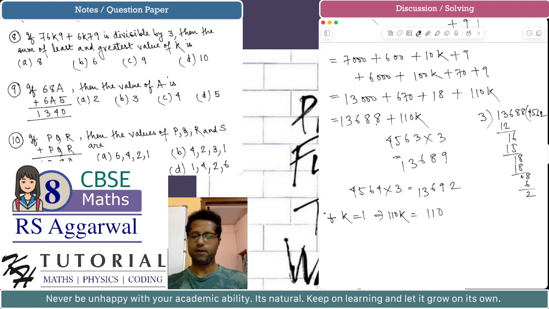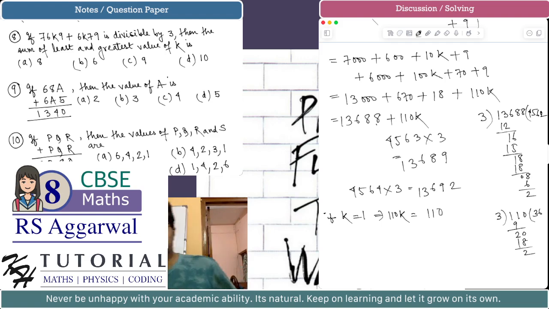And when 110 is divided by 3, it leaves a remainder 2.